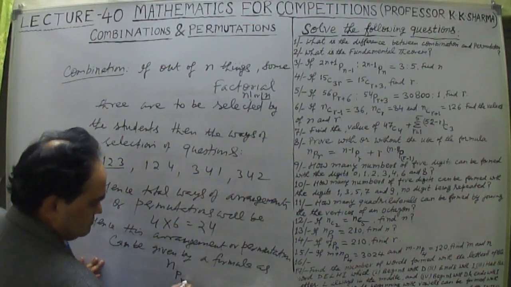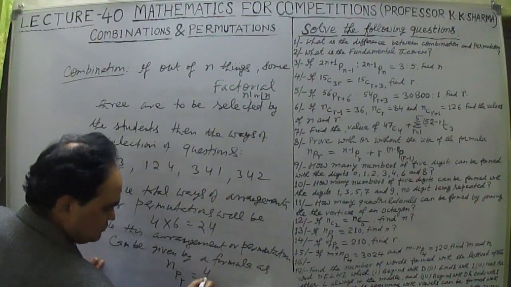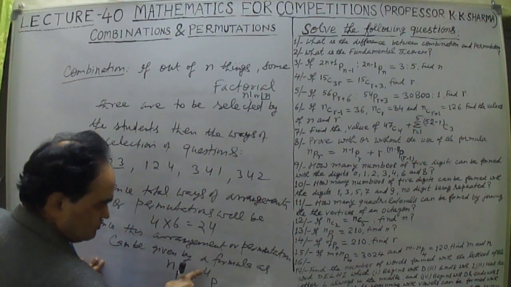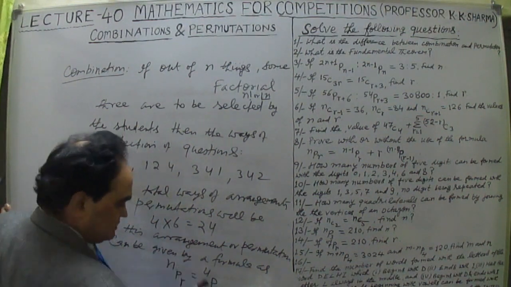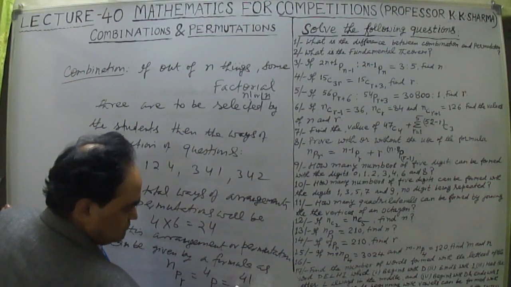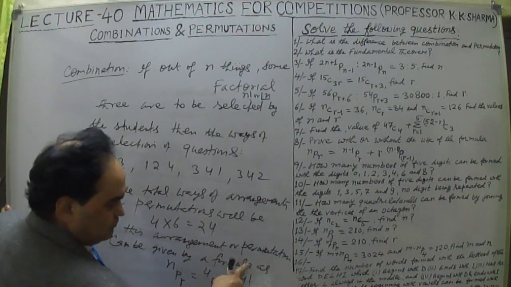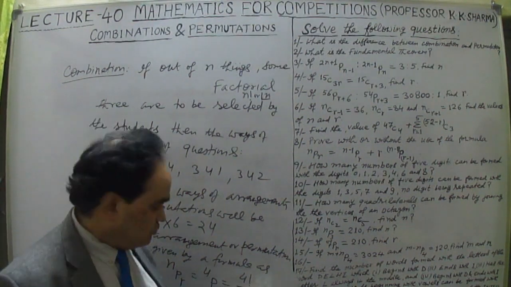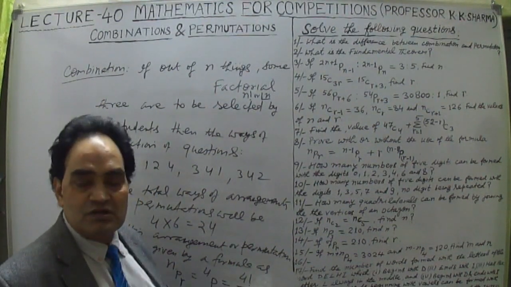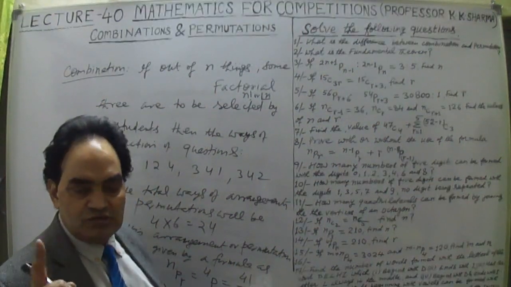Here n is 4, P is for permutation, and n is the total number of cases. Out of that, r means 3. And this formula is nPr equals factorial n upon factorial of the difference of these two, n minus r. So factorial 4 upon factorial 4 minus 3 in the denominator. In the denominator we have 4 minus 3, which is 1, and factorial 1 is 1.